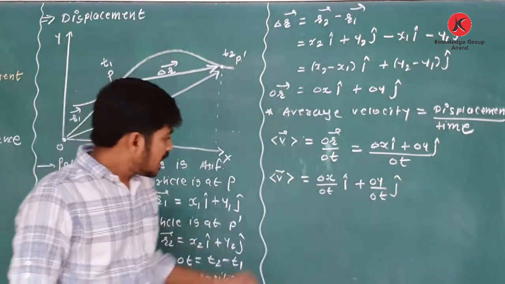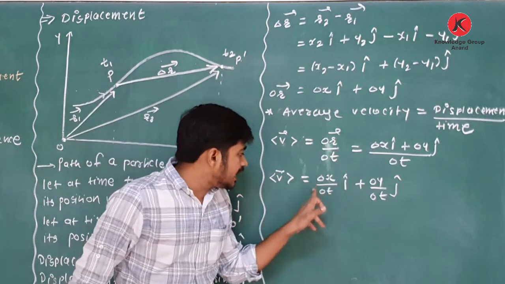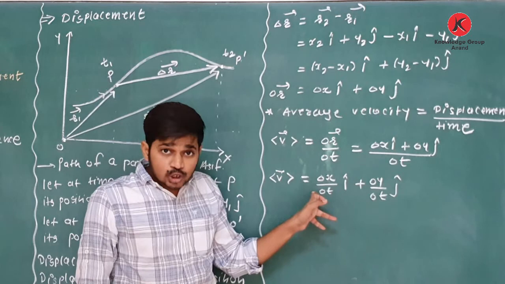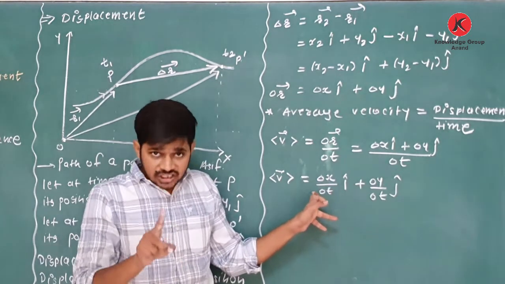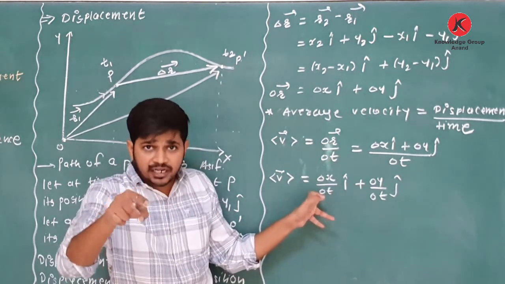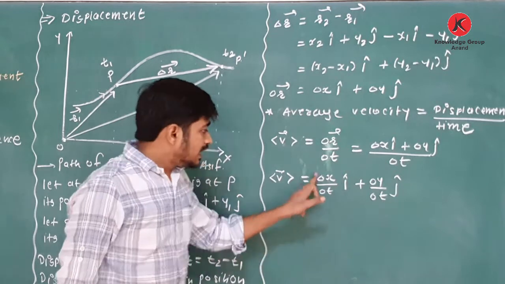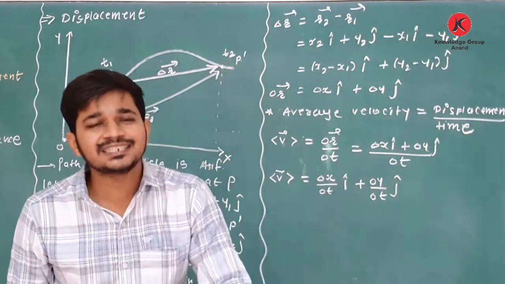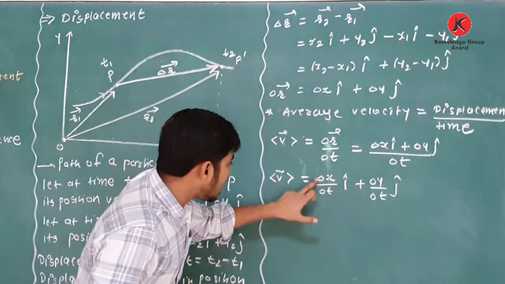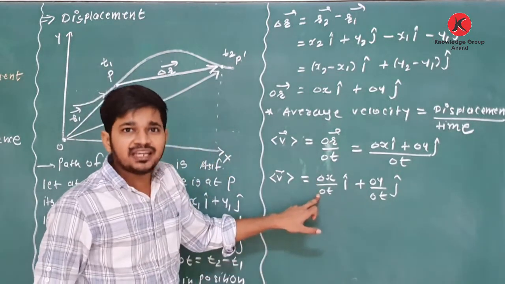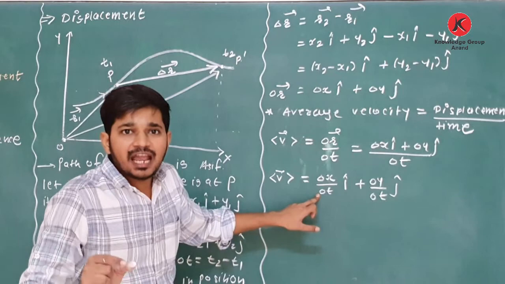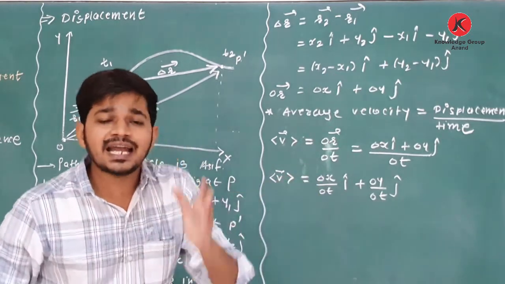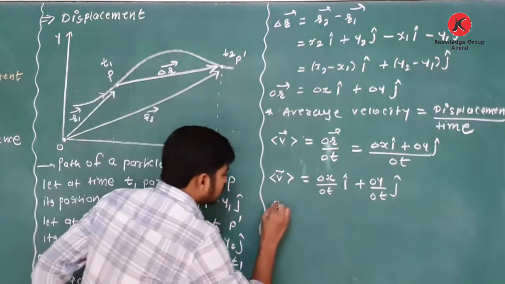Clear about this? Now what is the meaning of delta x upon delta t? Change in x coordinate with time. So it will give the x component of velocity. Yes students, delta x upon delta t means change in x coordinate, so it will give the average velocity's x component. So how to write this?